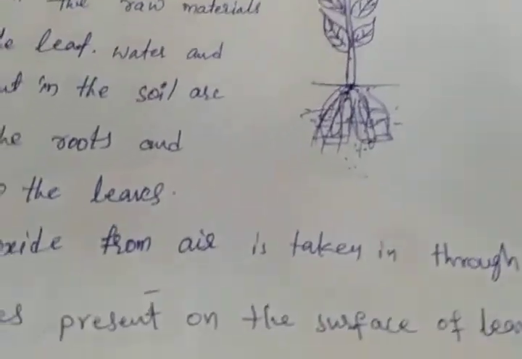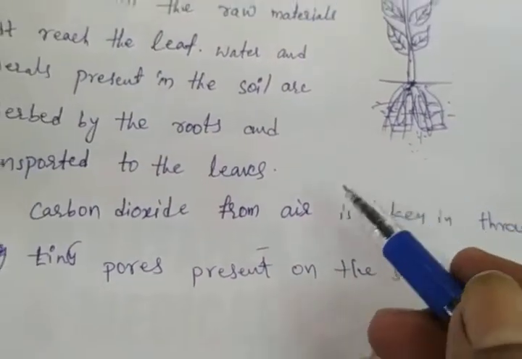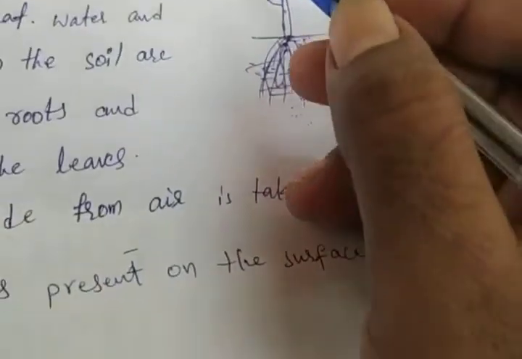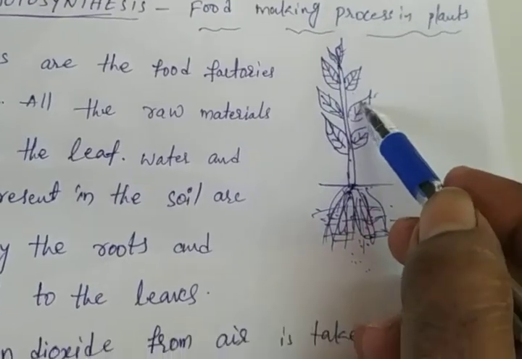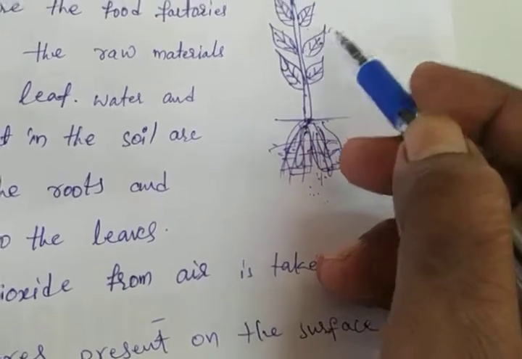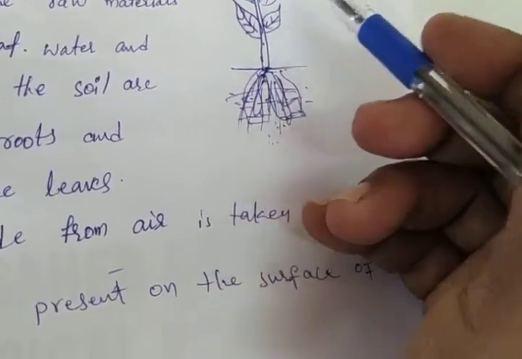respiration. So that's why from the air carbon dioxide is taken through the leaves. Here leaves are there. These leaves have small pores. So tiny pores are present on the surface of leaves. These pores are surrounded by guard cells. Such pores are called stomata.